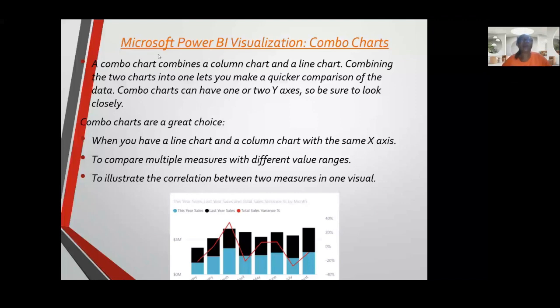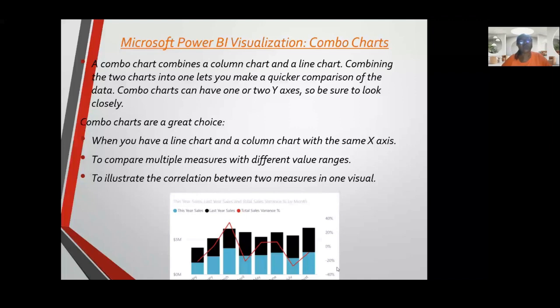So, Microsoft Power BI visualization, this is the combo chart. A combo chart combines a column chart and a line chart. You can see it has a line chart. Combining the two charts into one lets you make a quicker comparison of the data. Combo charts can have one or two y-axes, so be sure to look closely.